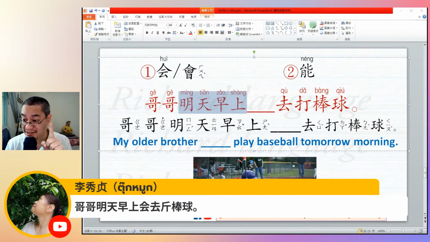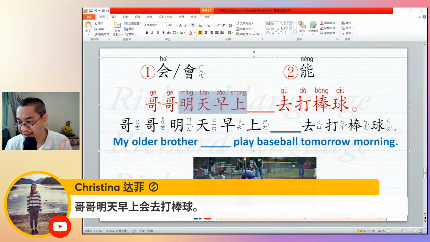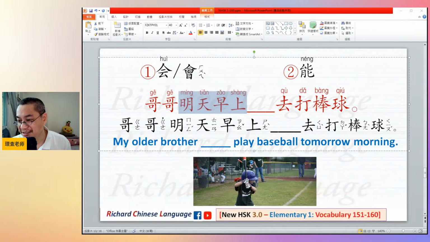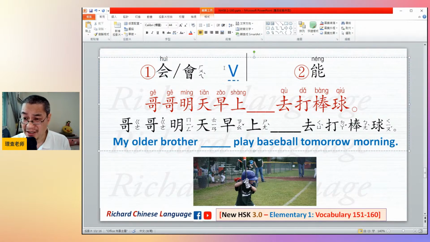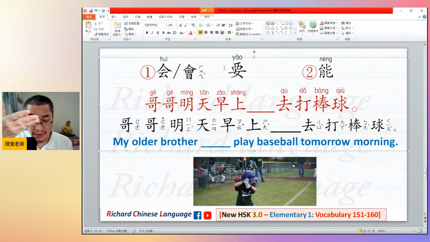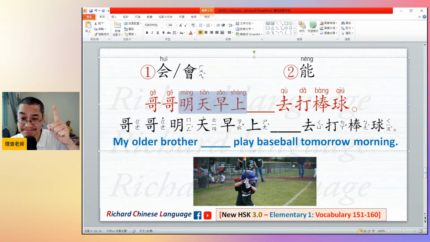We only have one answer. 会去 very good 会去 You're right, because when you see the time adverb in this sentence, 明天早上 tomorrow morning, of course, that's future tense. So here we can only use 会. So if we have a 要, of course you can use 要. 会 or 要 is the correct answer. Future tense, okay?